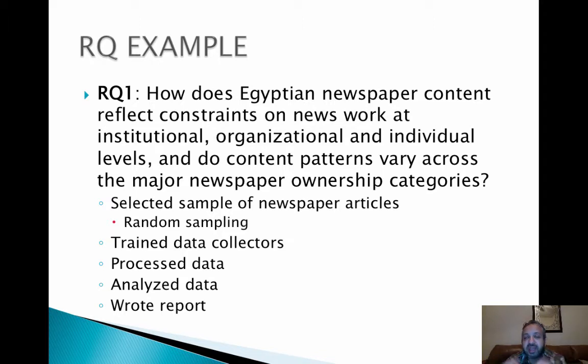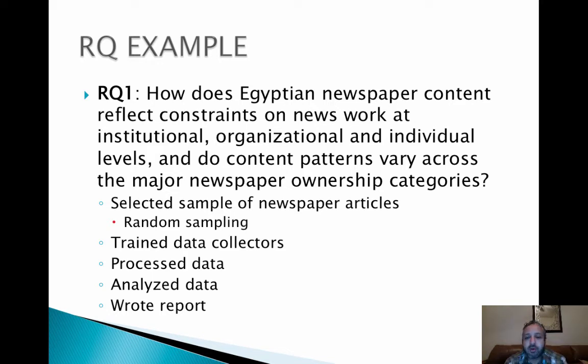Individual level constraints are like individual levels of training and knowledge, stuff like that. Organizational constraints are like editorial policy, ownership of the particular newspaper. They can constrain you sometimes as a journalist. And then institutional level constraints are like national constraints, things that affect the entire country and the entire news system, like the ideology of the nation, the government's policies, the culture, stuff like that.